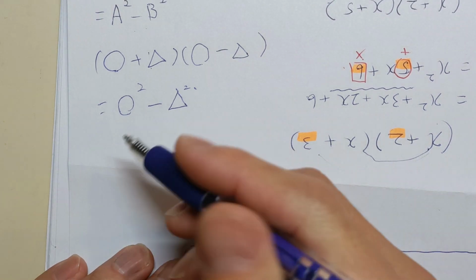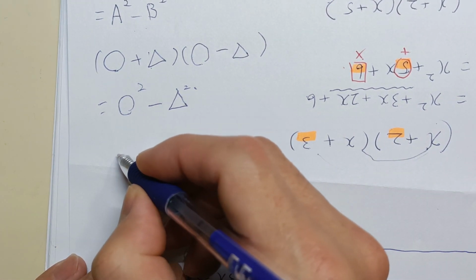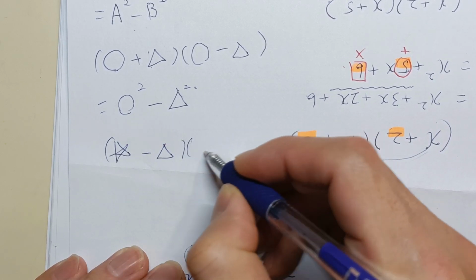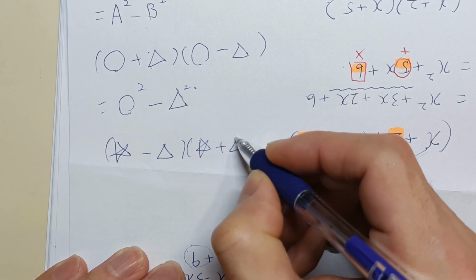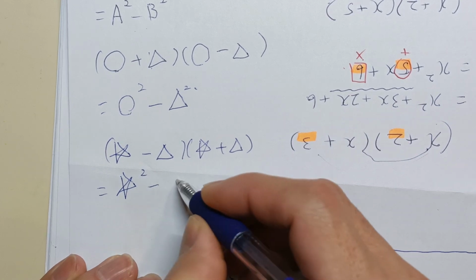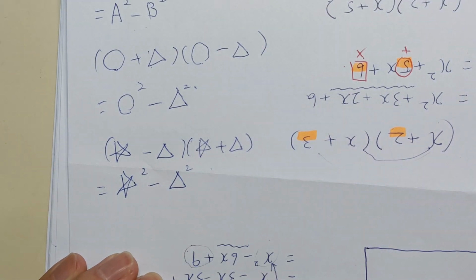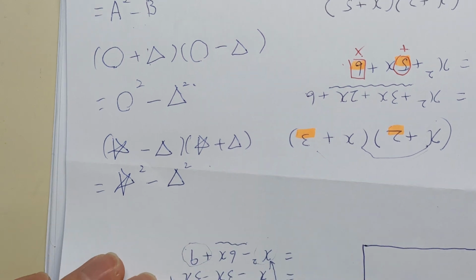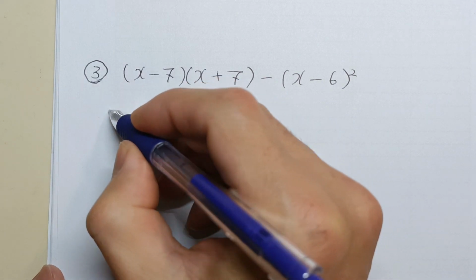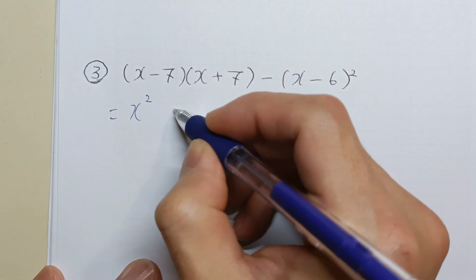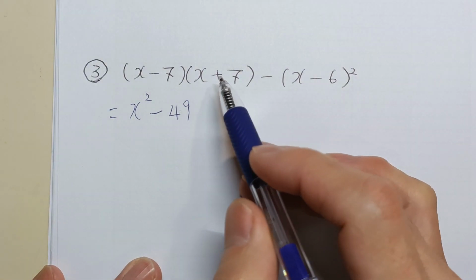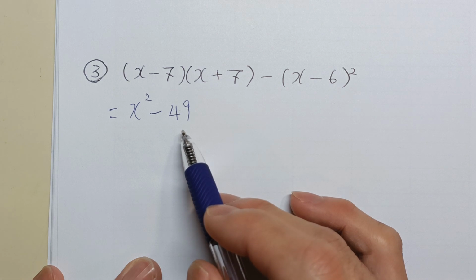Let's say any other example. For example, star take away triangle, bracket, star plus triangle. If you expand this one, star squared, take away triangle squared, right? So we are using this one, which means left number squared, right number squared, and put the negative in between, okay?